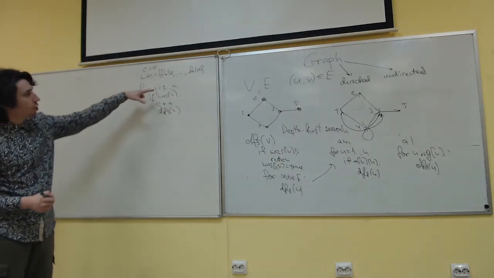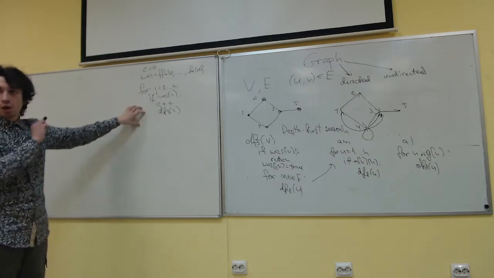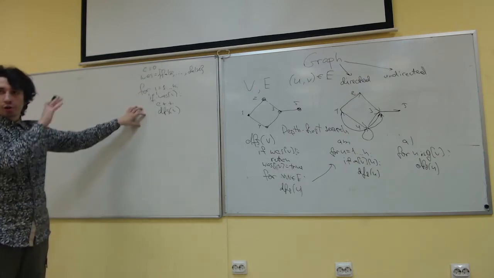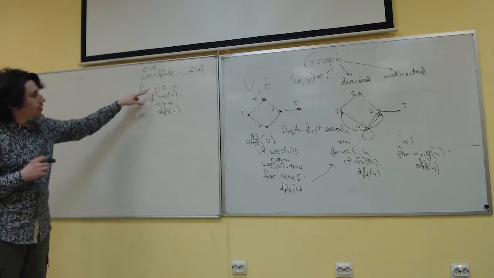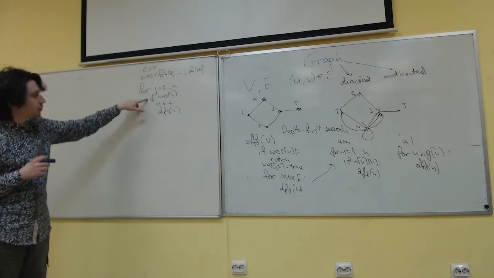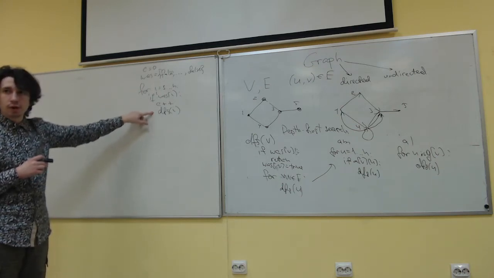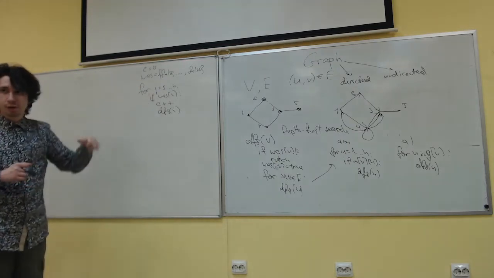We iterate through all the vertices from 1 to n. At first we take vertex 1, visit all the vertices in that connected component, and then we iterate further until we find a vertex that is not yet in that connected component. Then we run again, and we already have 2 connected components, and so on. So this will calculate the number of connected components.